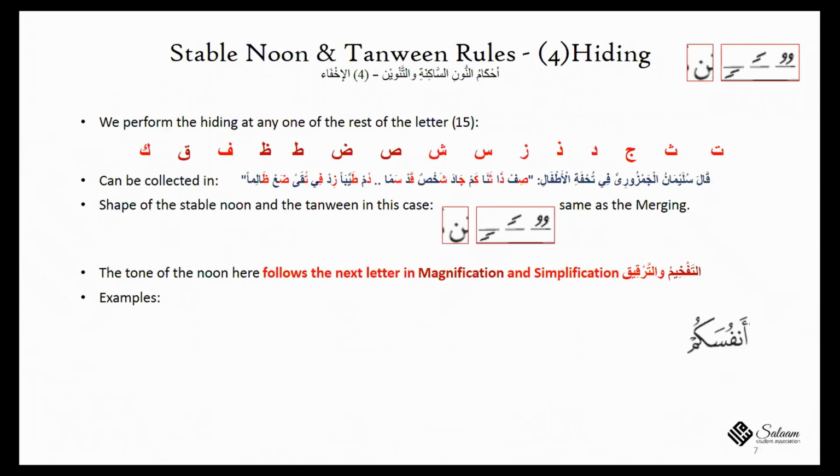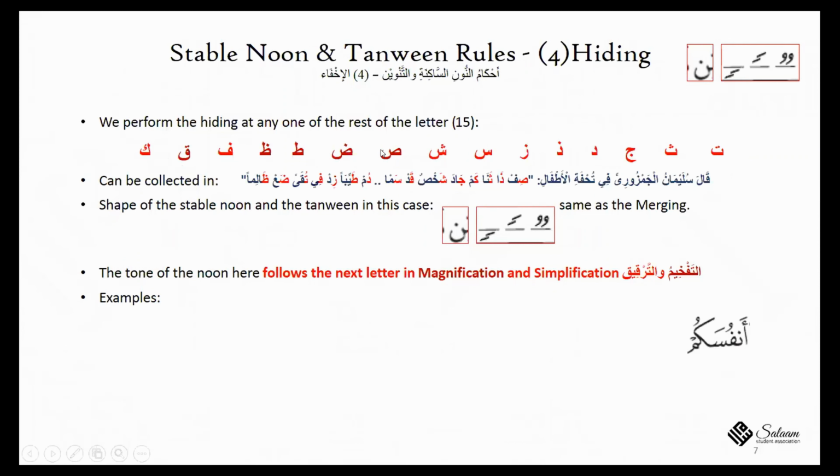Because the tone itself can be magnified and can be simplified. But you can relax, because these 15 letters do not have ra, lam, or alif. So the letters that are confusing, with magnification and simplification complications, we don't have here in ikhfa.